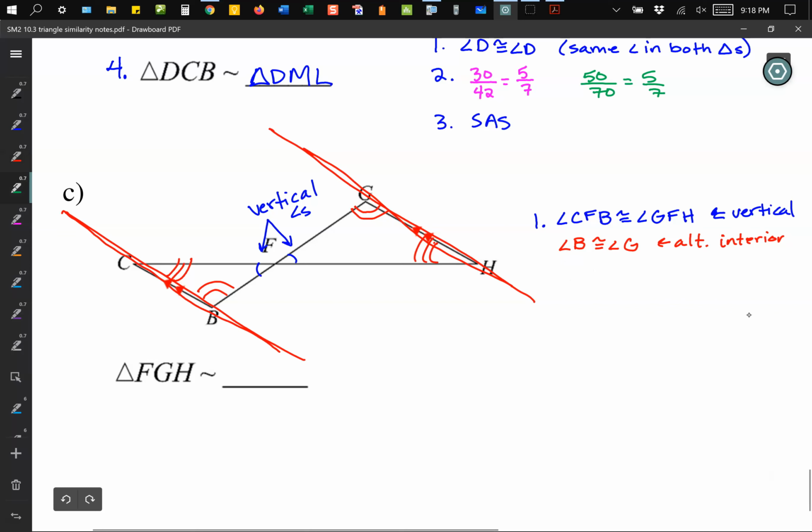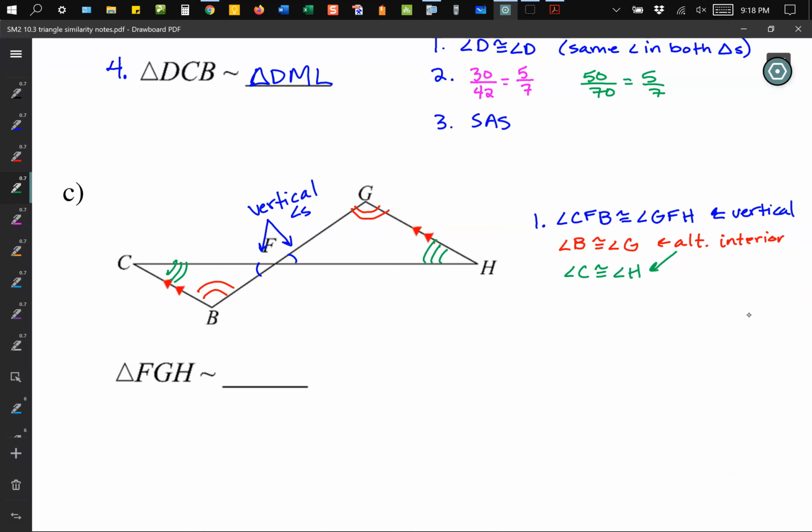So I'll put those in a different color. Angle C is congruent to angle H, also alternate interior. Go review 9.2 if you don't remember what that means. So look, I've got 3 sets of congruent angles. Again, you only needed 2 of them.